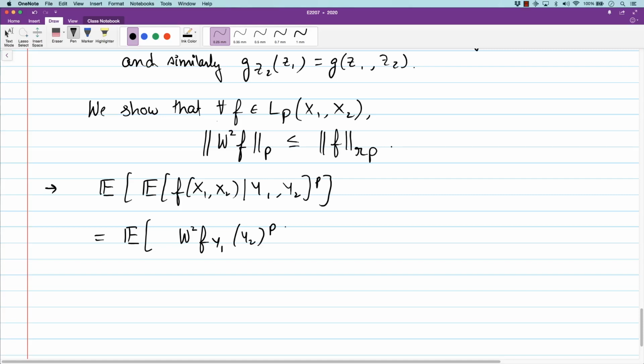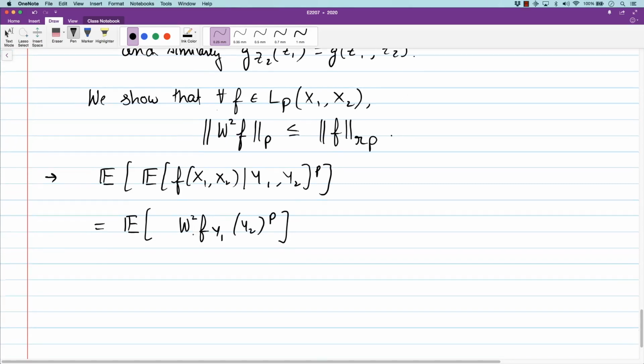I'm using a notation here to simplify it this way.